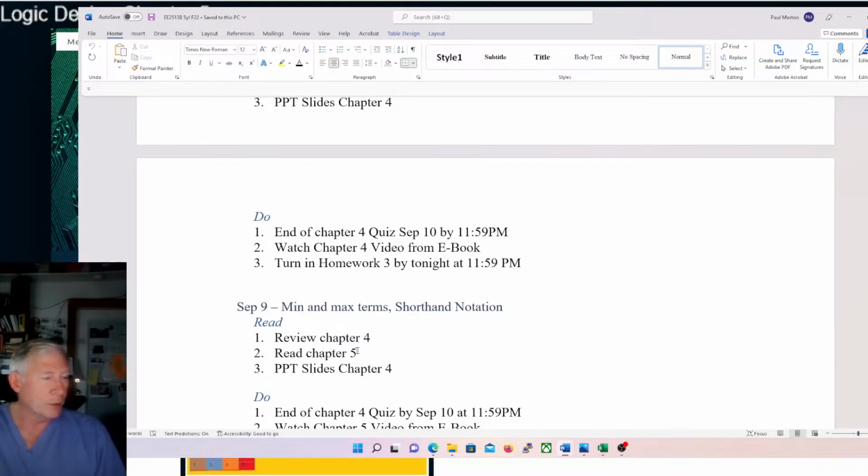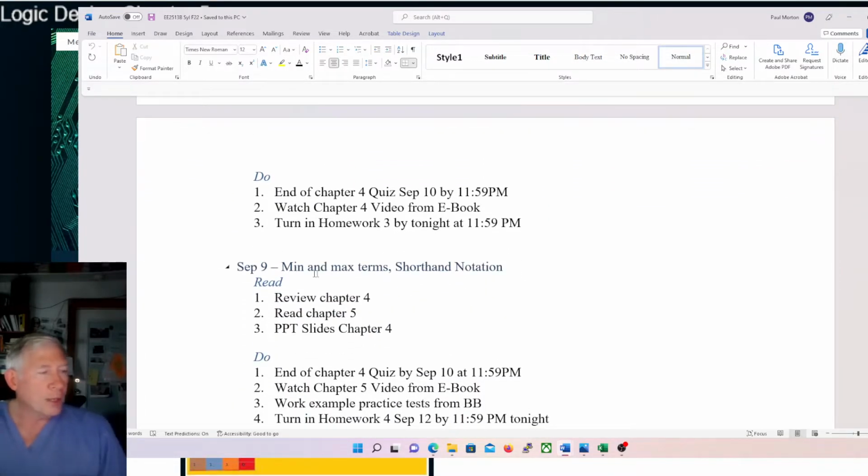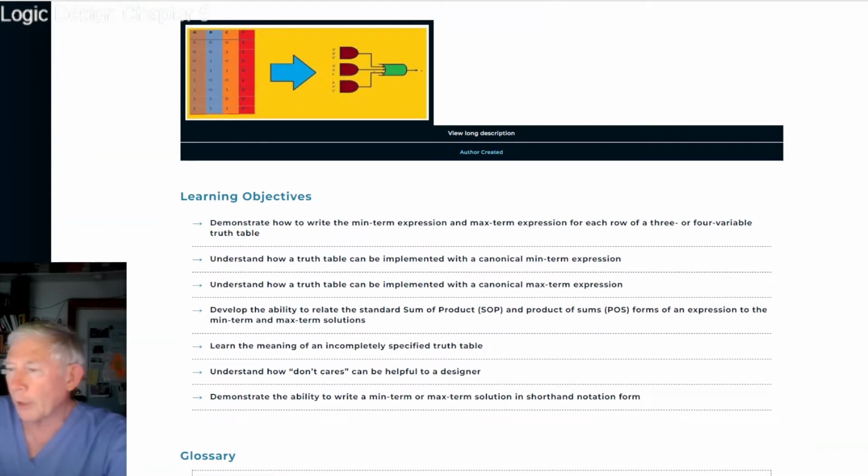I just want to get a little bit of a leg up on that, and then we'll go back and work some more on the SOP to POS stuff. Today, though, I want to cover the min and max terms in the shorthand notation. That having been said, let's go back to the book.